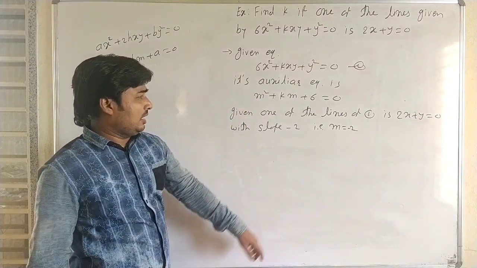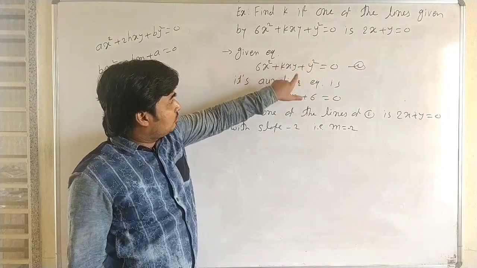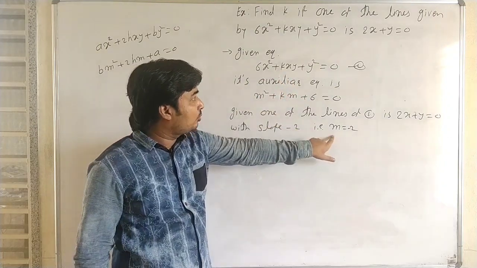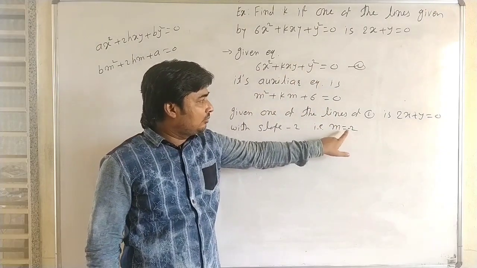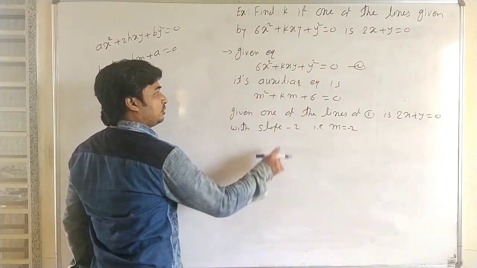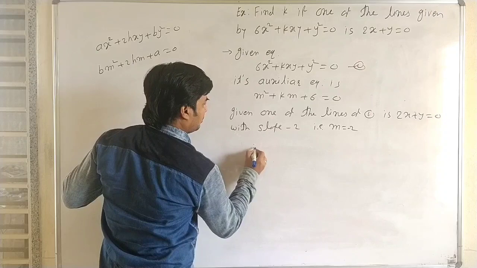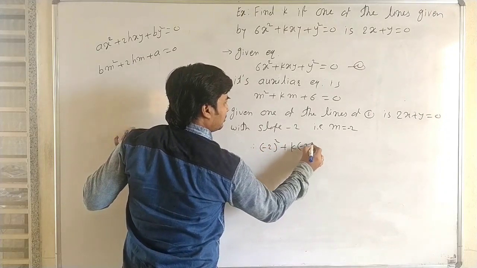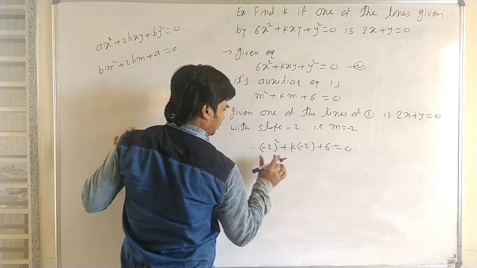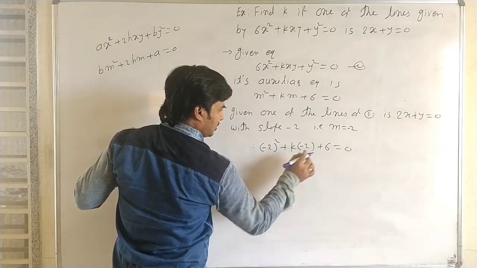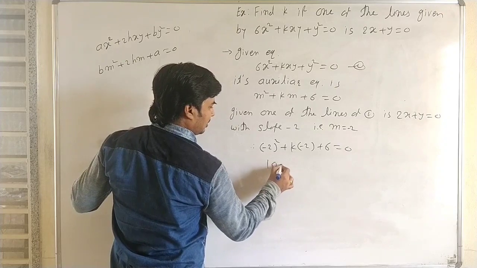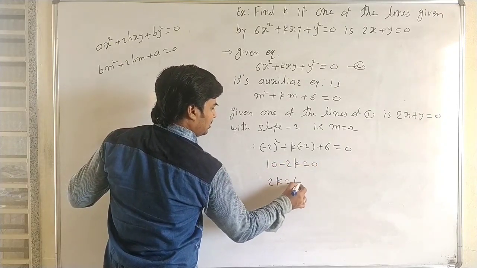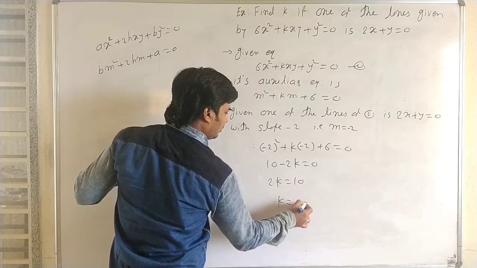Then the slope of a line represented by the homogeneous equation satisfies the auxiliary equation, and the slope of one of the lines is m equal to minus 2, therefore minus 2 satisfies the auxiliary equation, and we can write minus 2 square plus k into minus 2 plus 6 is equal to 0. Here 4 plus 6 is 10, minus 2k is equal to 0, and therefore 2k is equal to 10 and k is equal to 5.